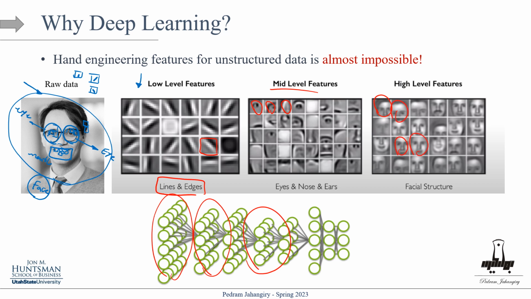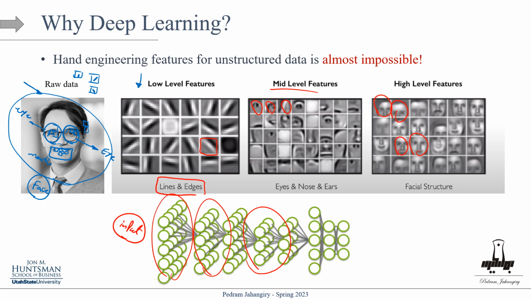Now, again, remember, the goal in deep learning is to do these things automatically and extract the complex patterns from the data. So this is your input, and this is the output, which you can think of as some extracted features.